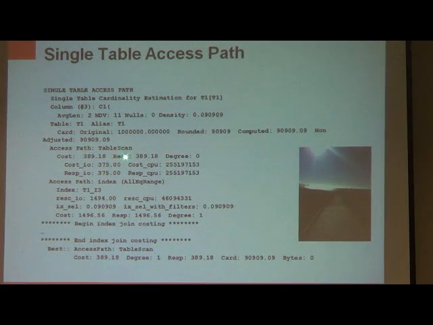This is response. This number matches response, and this matches the cost of serial execution. Now, from this 389, about 375 are because of I/O. The remaining, the difference between these two, is CPU cost.